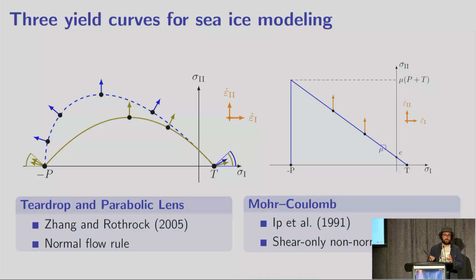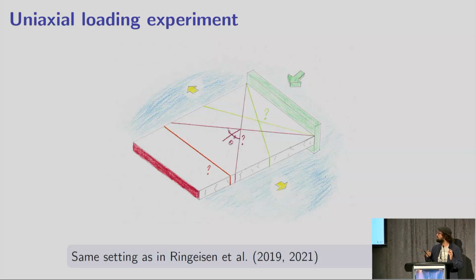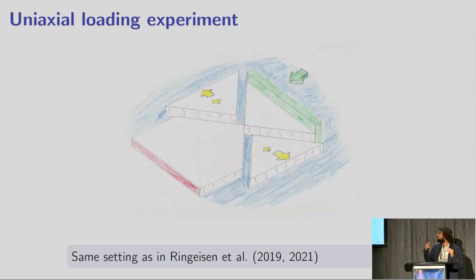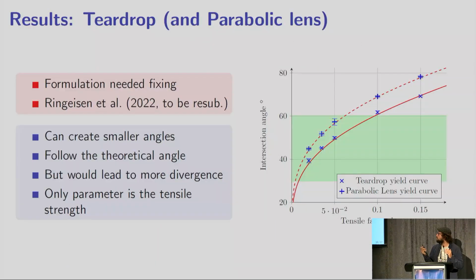So we're going to test these rheologies in a very simple experiment like I did before. You take a rectangular piece of ice and you force it against a wall, and you see how it is going to deform, with which angles, and if it's going to open or ridge. We do this with the teardrop yield curve first, because that was the one that we were the most interested in.